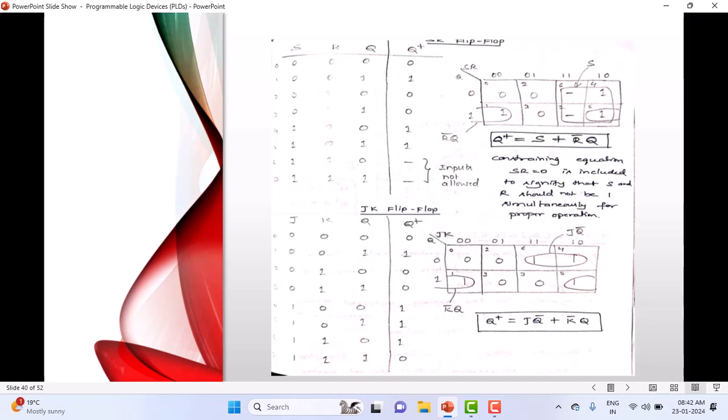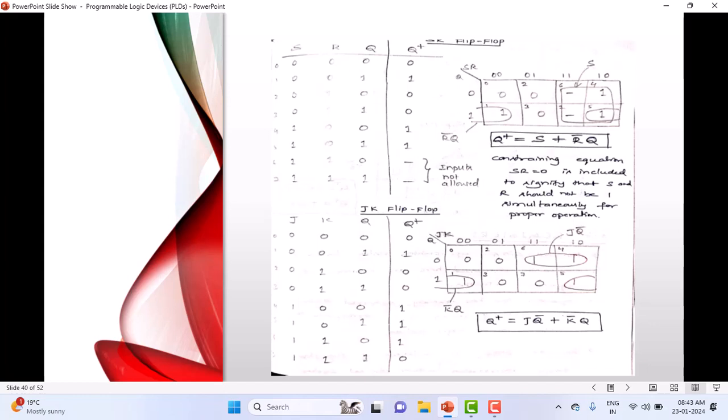Based on this, we can develop a characteristic equation. Just look here. Can we expand this first one, how it works? 0,0, present state is 0, the next state is going to be 0. According to our truth table, what is the next state for 0,0 input for an SR flip flop? Just look at what you have taken in the previous class. For 0,0 there is no change, right? The next state will be the no change state. That means whatever the previous state we have should be returned as the next state.